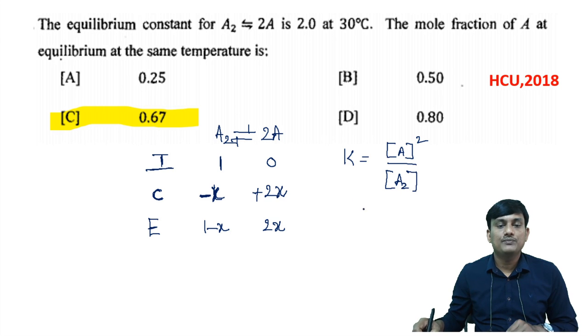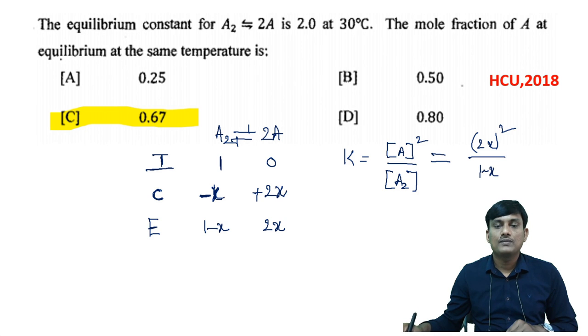At equilibrium, this is 2X whole square divided by 1 minus X. This is given as equal to 2.